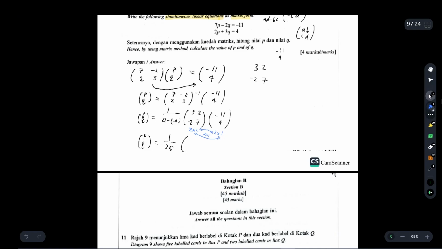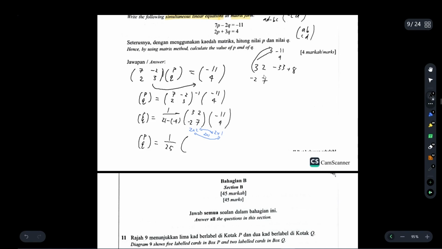Okay, so right now we're going to answer it. First of all, 3 times this, the start times the start, and the second times the second. That gives us negative 33 plus 8, 2 times 4. The same goes for here: the first one multiplies the first one, and the second multiplies the second.